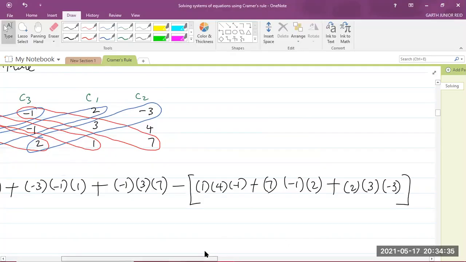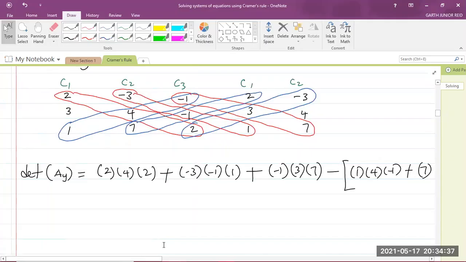We're just required to simplify this now. This will be our answer for the determinant of AY. So 2 times 4 times 2 gives us 16. -3 times -1 times +1 gives us +3. -1 times 3 times 7 gives us -21.